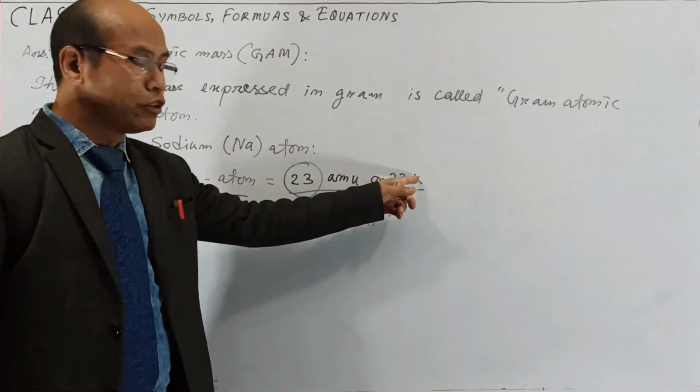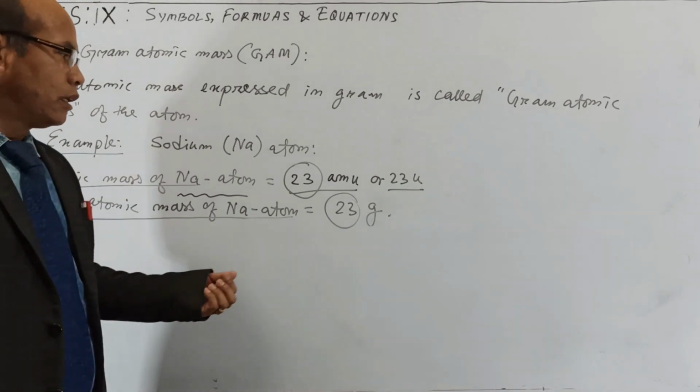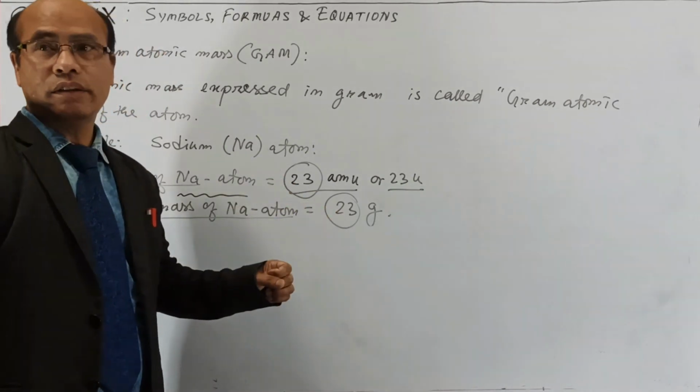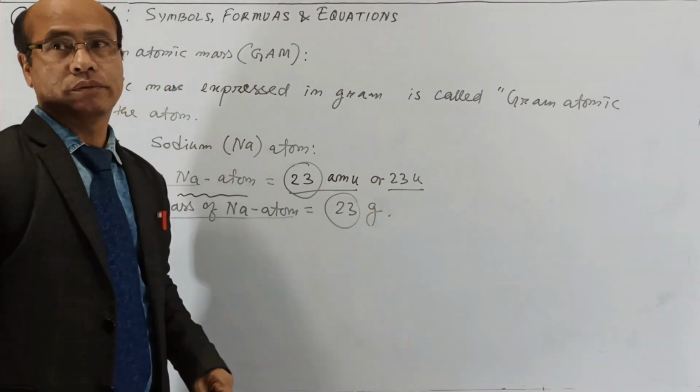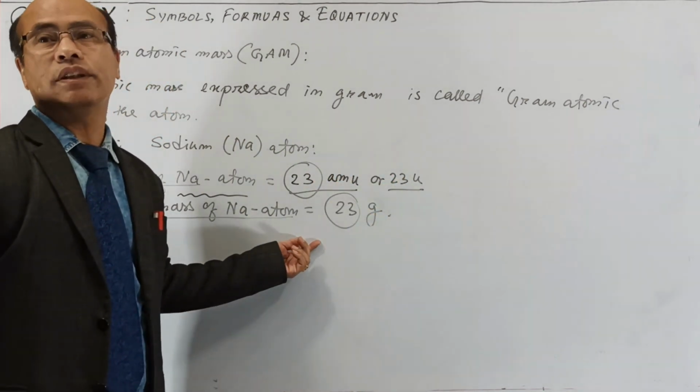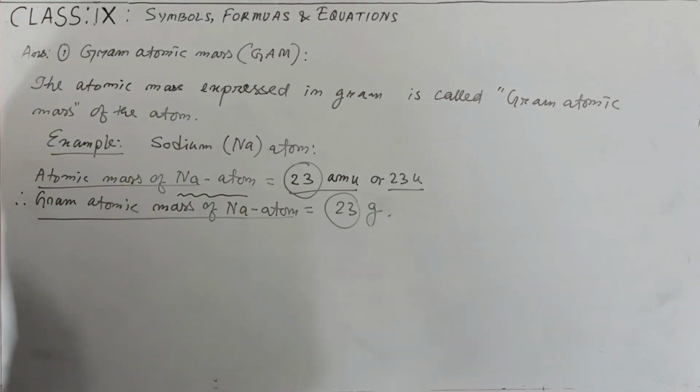Atomic mass unit and unified unit are same. But in case of gram atomic mass, the same number is still there, but this AMU or U is changed to gram. That means atomic mass is expressed in terms of grams. That is called gram atomic mass. So this is the only difference. So once you know the atomic mass, then it is almost the same as knowing the gram atomic mass of that atom.